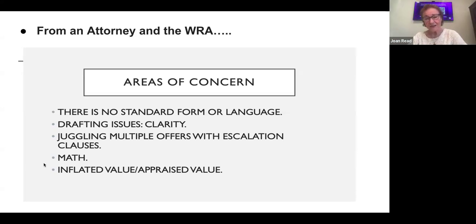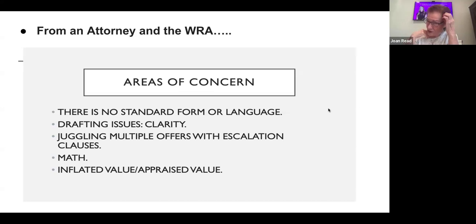It's much clearer and much simpler to just turn around and deny the escalation clause and say to each party who wrote one, they're going to counter their offer with a certain price or other terms. It is a good way, and I know several really top agents do that. They don't want to get into the mess of doing the math and just straight come back with a multiple counteroffer.